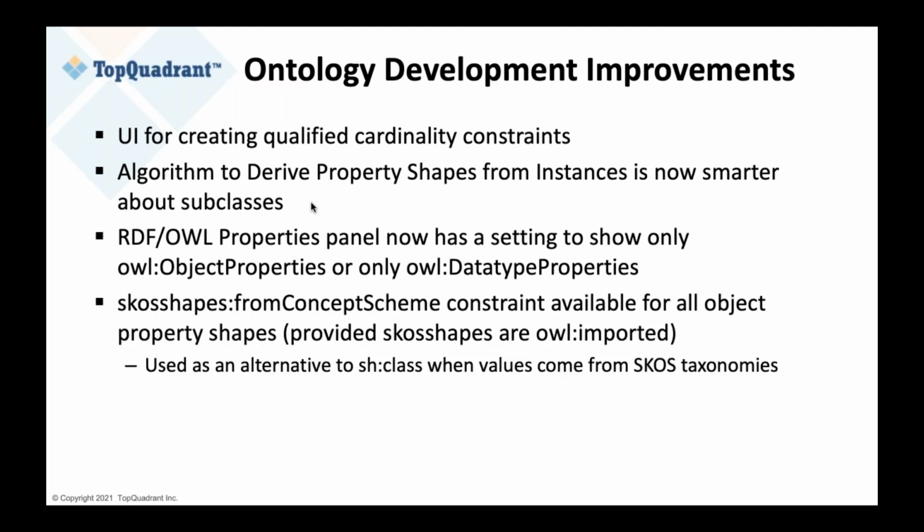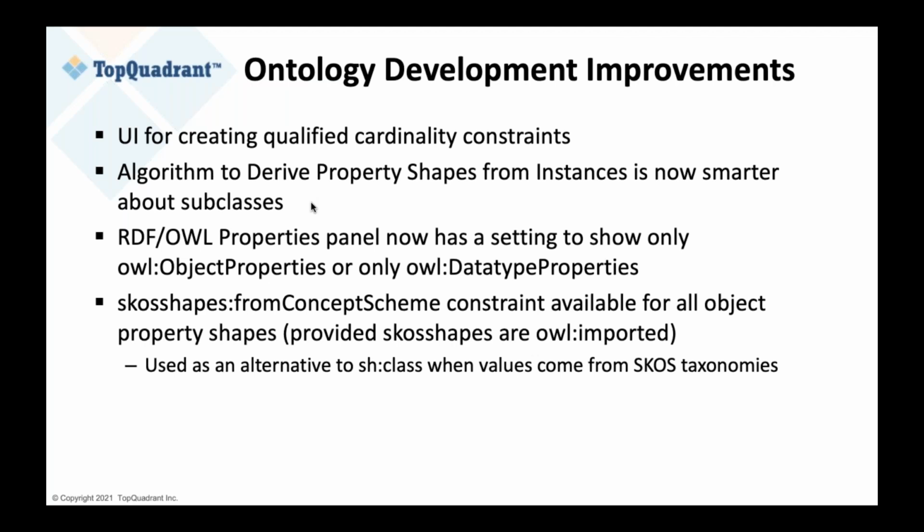The last improvement is specific to taxonomies. You can now not only say that the value of a property is a member of a certain class, but you can alternatively say that the value must come from a certain concept scheme. And that's useful when in your taxonomies you decide just to use SKOS concept as opposed to different subclasses of SKOS concept.